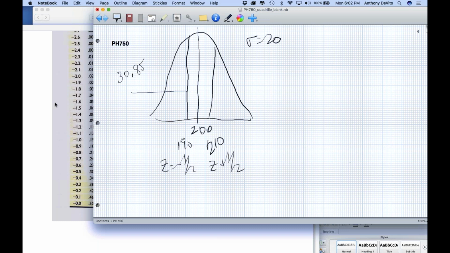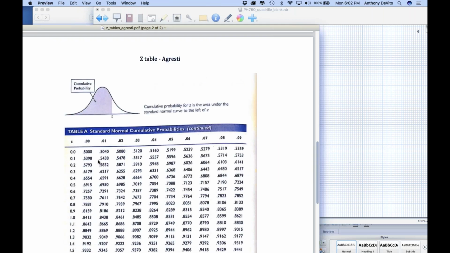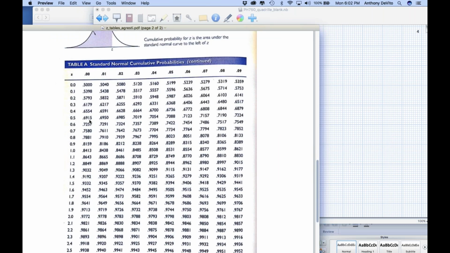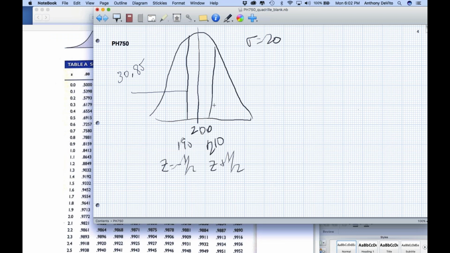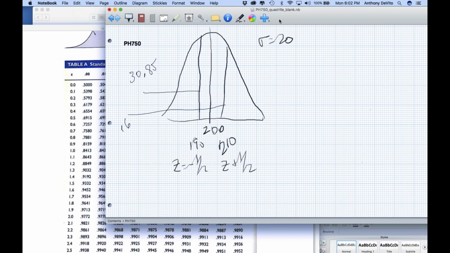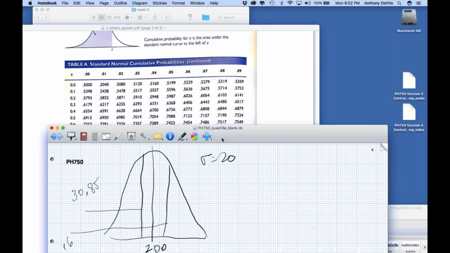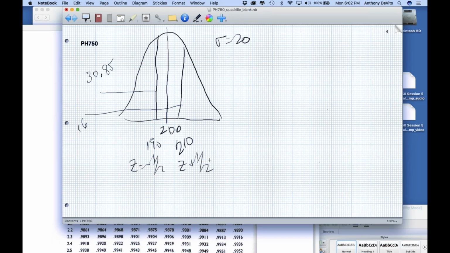But what about 210, a z-score of plus 1/2? 0.5 is 0.6915. From this point down is 0.6915. Is that right? 6915, right? Got it.